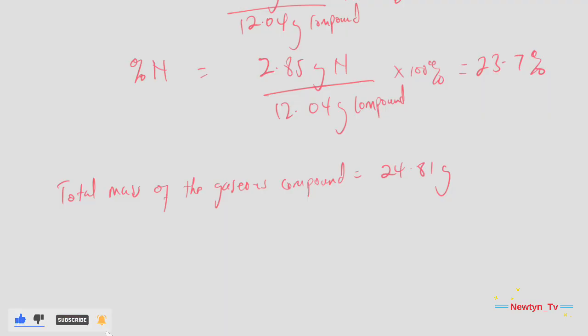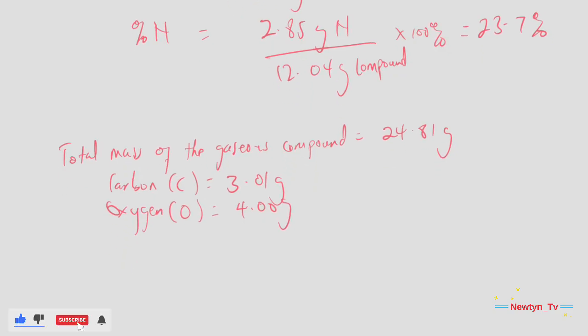For carbon, which is C, we have the mass to be 3.01 grams. And with oxygen, which is O, we have the mass to be 4.00 grams. And for chlorine, which is Cl, we have the mass to be 17.81 grams.